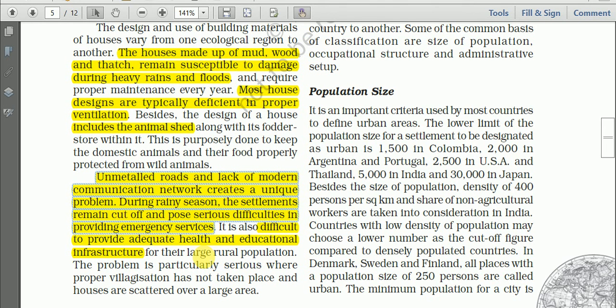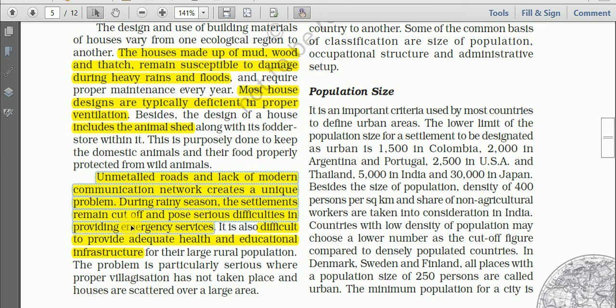So one of the most important problems of rural settlement is the lack of modern transport and communication facilities. Most of the roads, as you know, in the villages are unmetalled. That means fair weather roads can be used when the weather is good, and when there is heavy rainfall cannot be used. Because of this, during rainy season the settlements remain cut off.